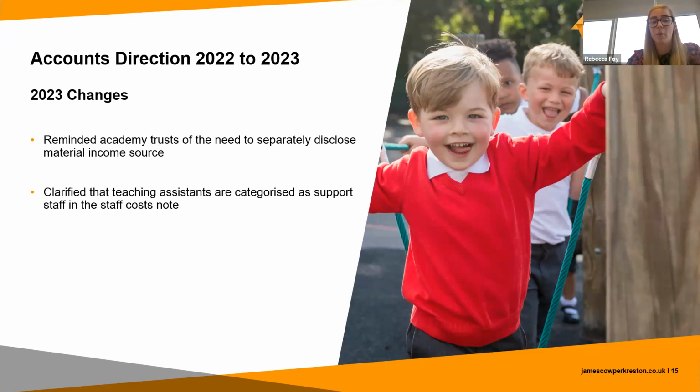The ESFA now reminds the trust that all other material sources of income now need to be disclosed separately. They have noted that any non-material income streams can be disclosed together, but we probably will now be seeing the income notes being a bit more extensive than they were in prior years.